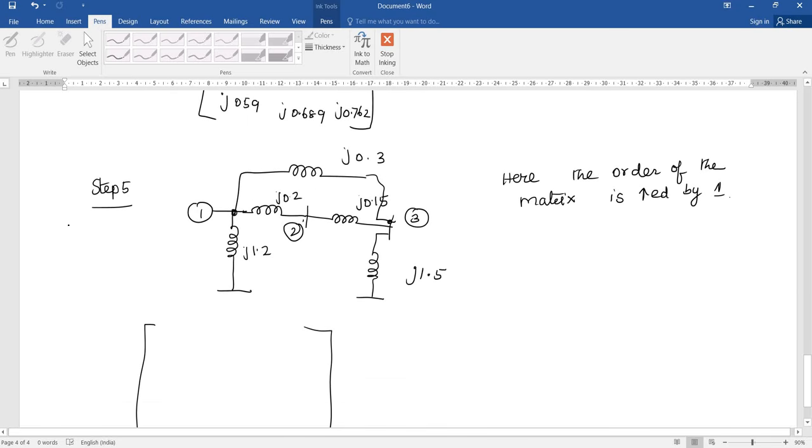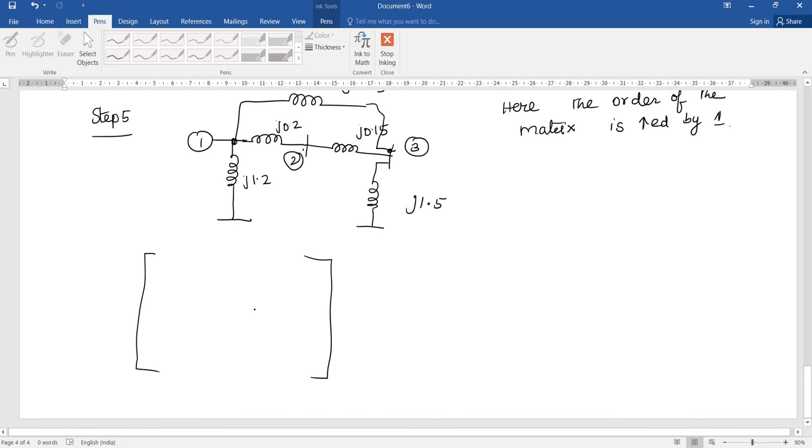First I copy down the old matrix: J 0.728, J 0.649, J 0.590, J 0.649, J 0.757, J 0.689, J 0.762, J 0.689, J 0.590.